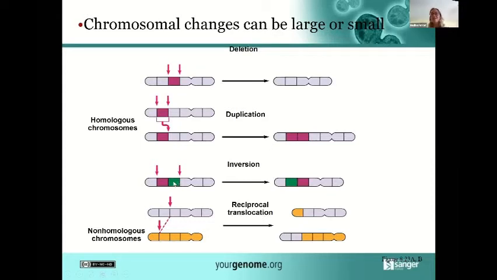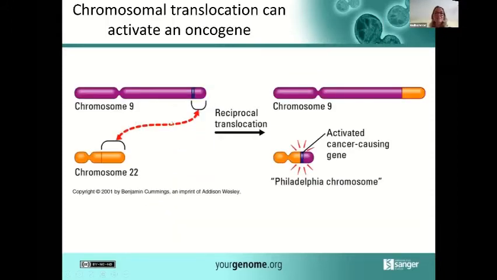Inversion is just where the DNA swaps places within the chromosome. And reciprocal translocation happens between different chromosomes. It could be between chromosome number 1 and chromosome number 4, for example, and in this example, they've swapped DNA. This one is the reciprocal one.